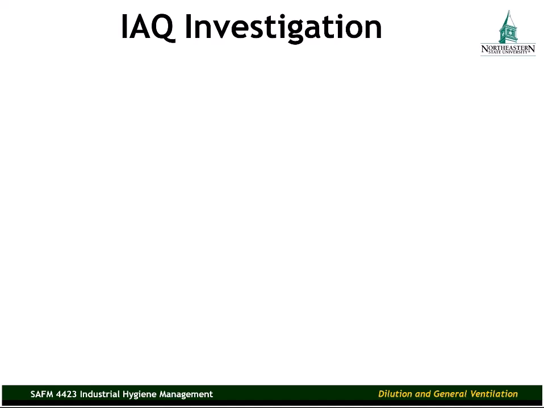But first of all, the first step in an indoor air quality investigation would be to talk to your workers. What are their complaints? What's going on? Do they feel any symptoms? Are they having headaches? Have they developed a rash? Do they feel nausea or sick at their stomach?